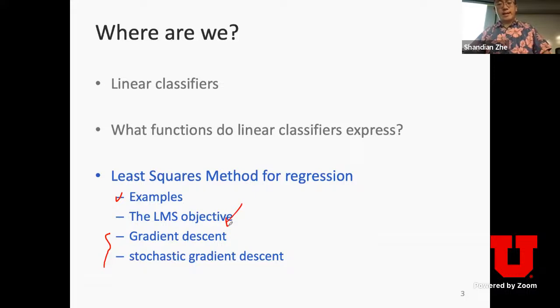So actually you will see that in most machine learning applications, the training essentially is to optimize some kind of objective function defined on the training data, right? So you want to find a set of model parameters which can make your model fit the training data as well as possible.